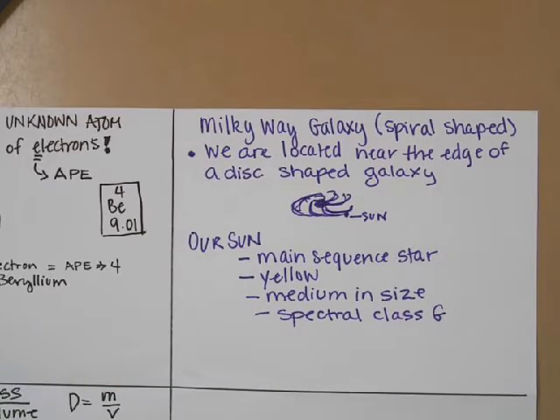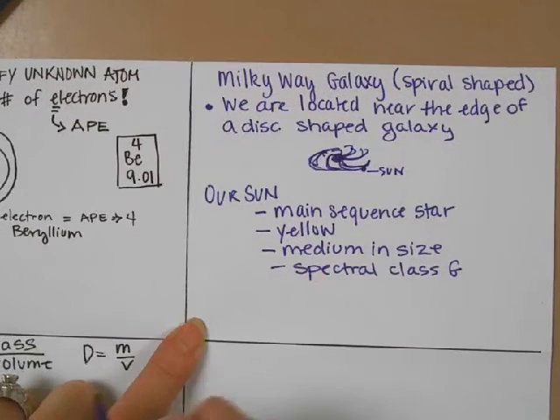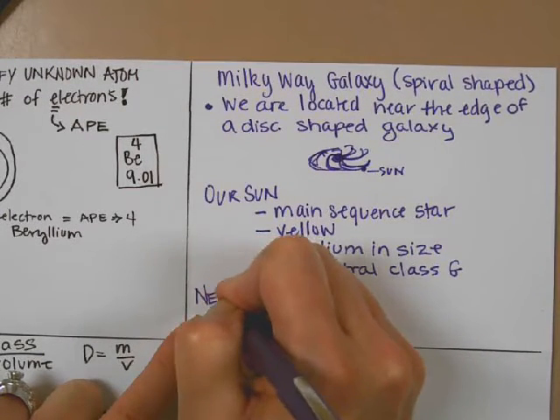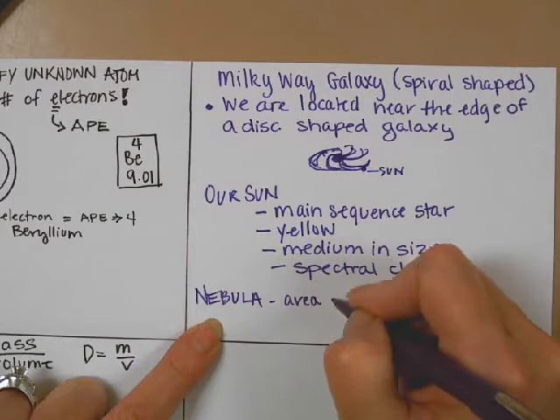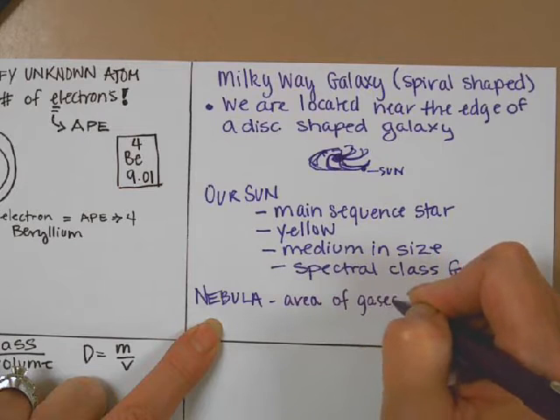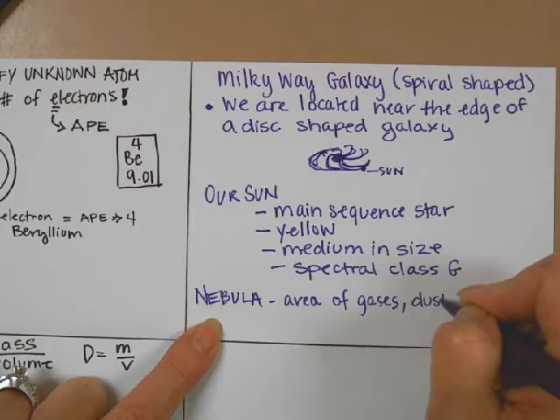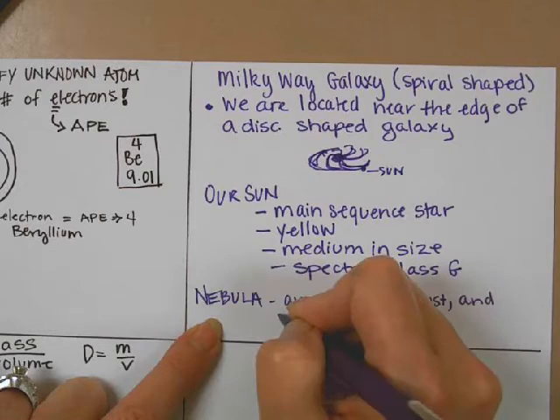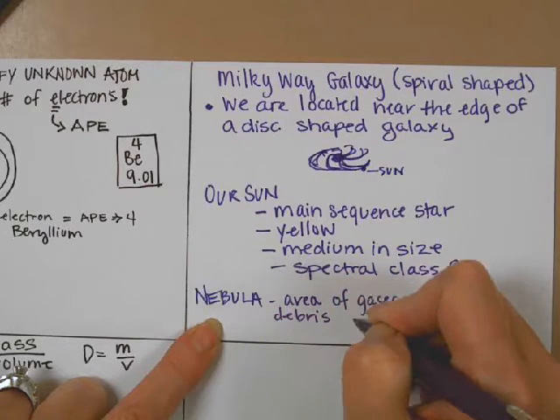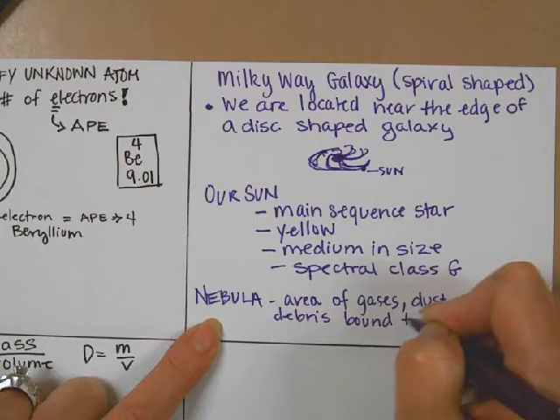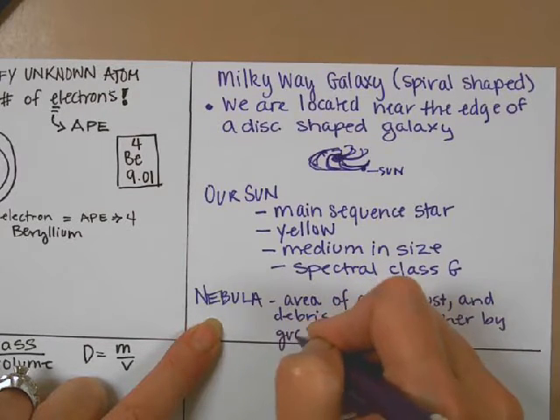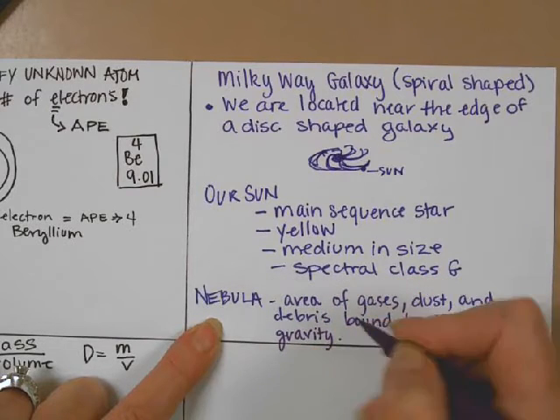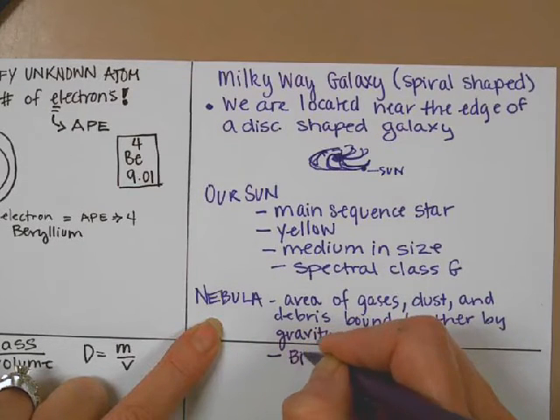G is the one it falls into. You need to know that a nebula is an area of gases, dust, and debris bound together by gravity, and this is the birthplace of stars.